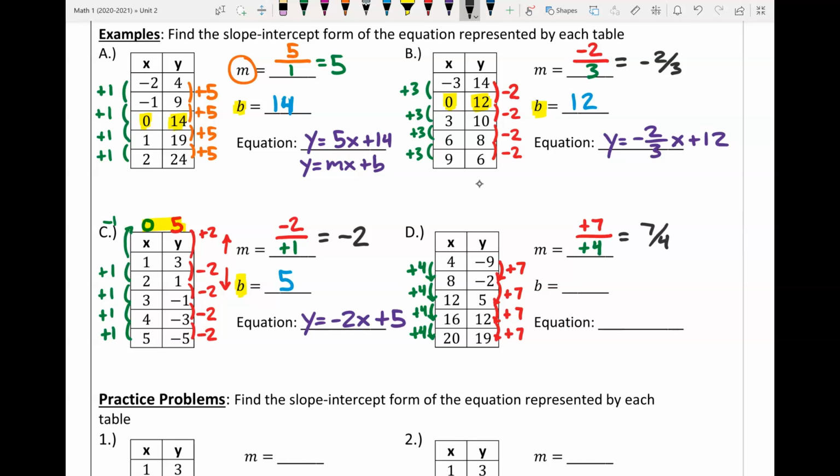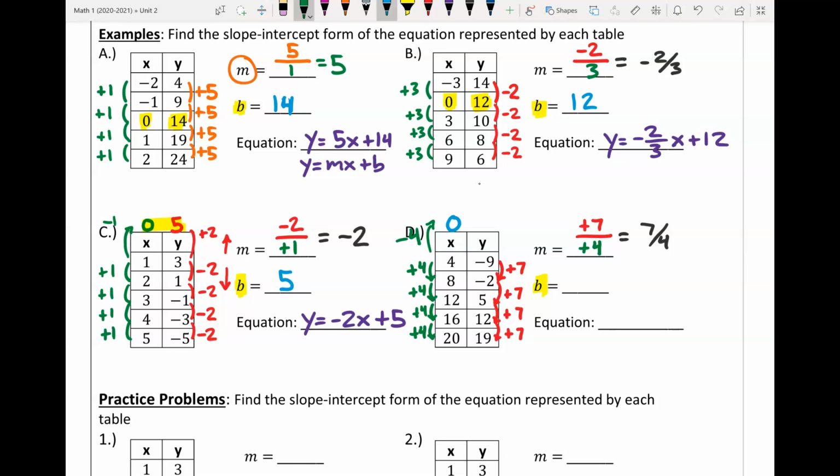All right, let's go ahead and find my y-intercept. Oh wait, just like the last one, I don't have 0, so I need to go backwards so I can get back to 0. All right, so to go back to 0, I just need to do the opposite of both sides. I'm going to be minusing 4 on the x side.